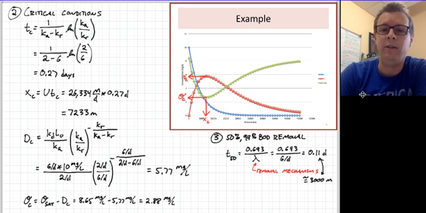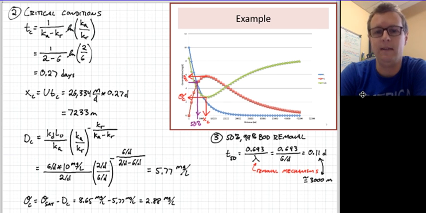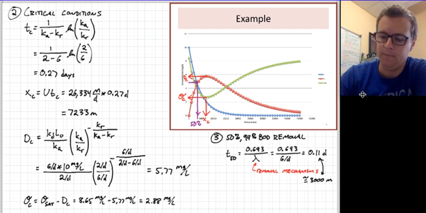Or using velocity to convert, that's about 3,000 meters. And again, I just want to double check this on my plot. So if I go to the concentration, that is half of what I started with, so 5 milligrams per liter, and I'm showing you this in purple lines, move over to the curve, and then down to the x-axis. 50% removal, about 3,000 meters, feels good.